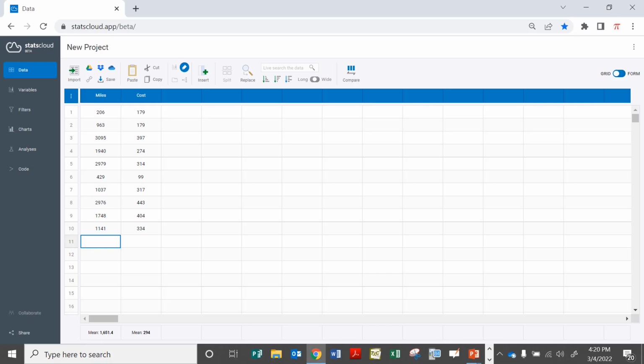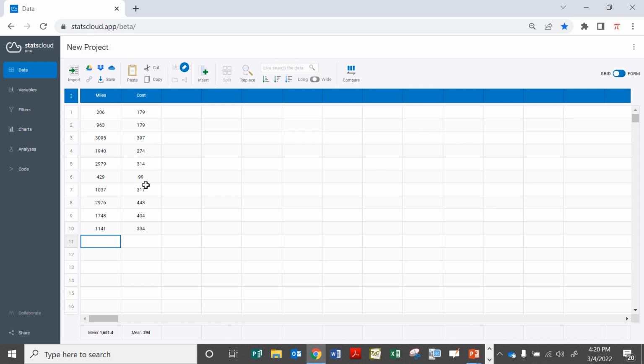So in StatsCloud, I've already put the data in, and one thing you'll notice is that I went ahead and put the x first and the y second, just like I'm used to, as opposed to the order it was in our table. So miles is our predictor, cost is our response variable.